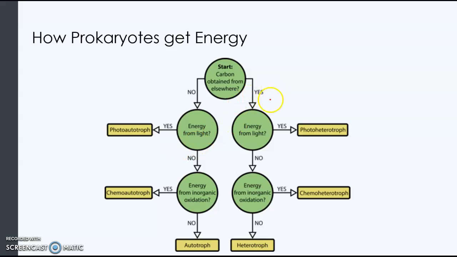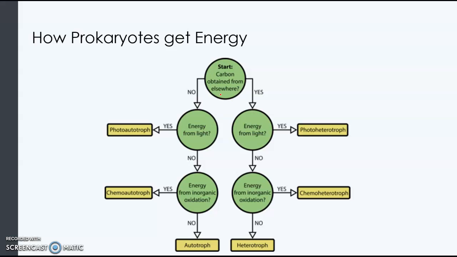Now, how do prokaryotes get energy? Remember, I told you to look at the energy source and the carbon source. So the first question you ask in determining how to label a prokaryote based on its metabolism is: is the carbon obtained from elsewhere?